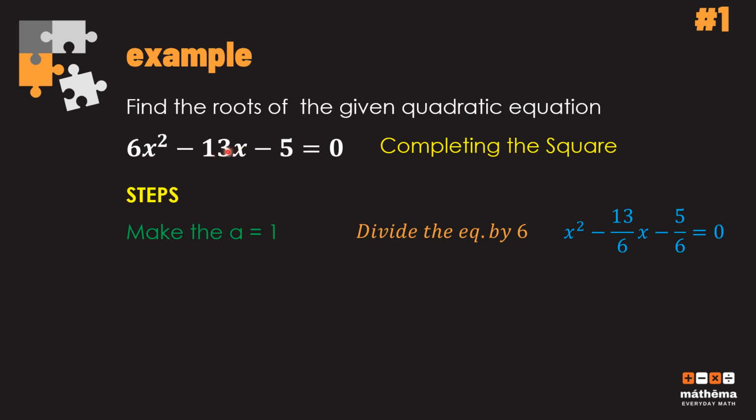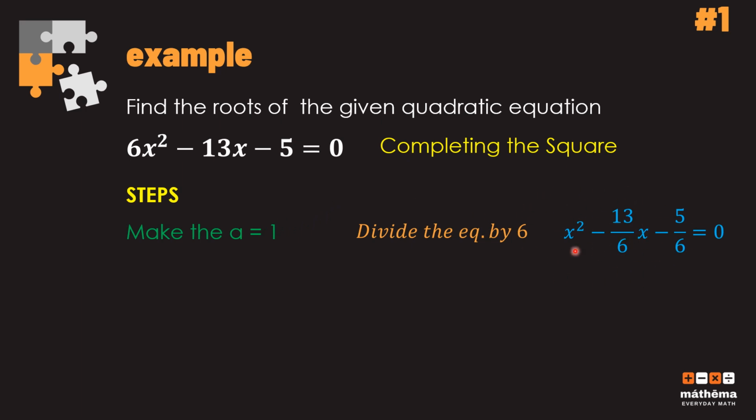Negative 13x divided by 6 is negative 13x over 6. And then negative 5 divided by 6 is equal to negative 5 over 6. And as always, 0 divided by any number is just 0. So this is now our new equation.